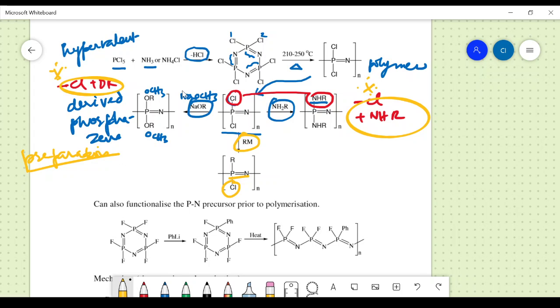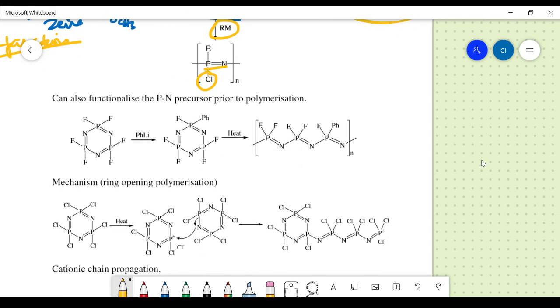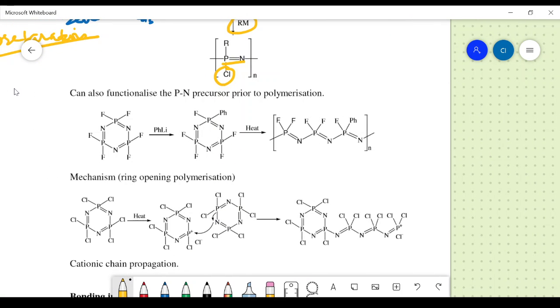And you can see that it can be made to react with an aromatic compound like this one here, PhLi. Here this chlorine is substituted by a fluorine atom, and sometimes this is called the inorganic benzene.